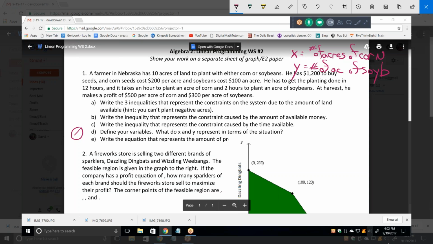Now, let's go to the next part of the problem. Three inequalities that represent constraints on the system due to the amount of land available. Well, let's start with one of the more obvious ones.